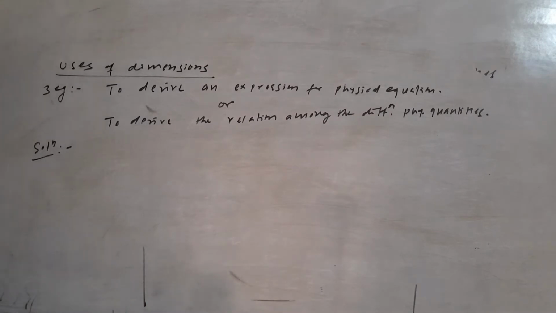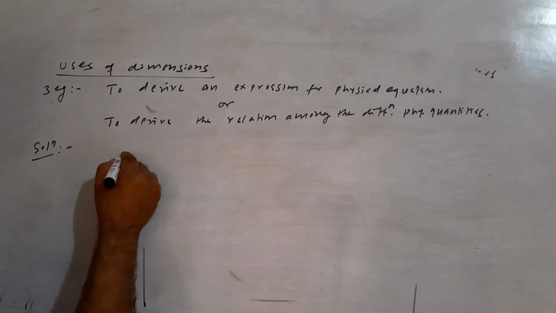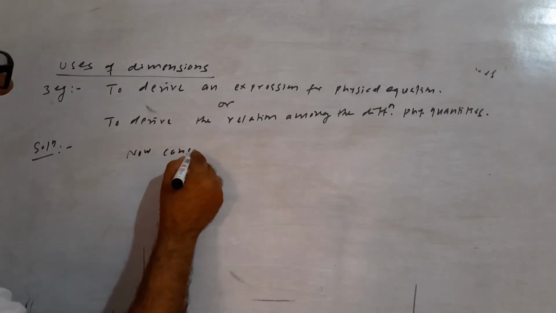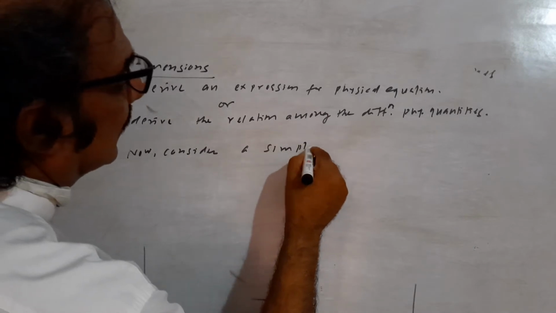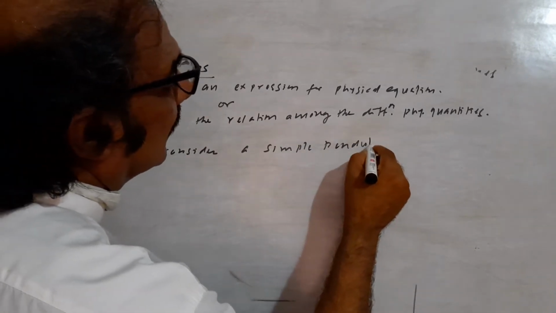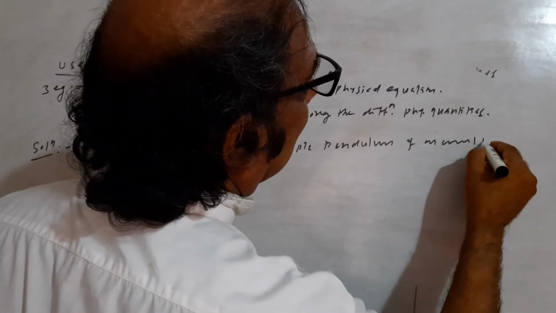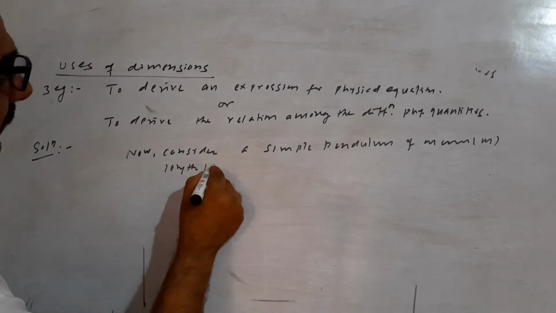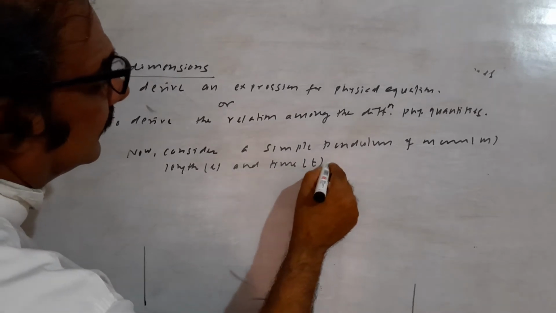So now we have to consider the example of the simple pendulum. Consider a simple pendulum of mass m, length L, and time t.